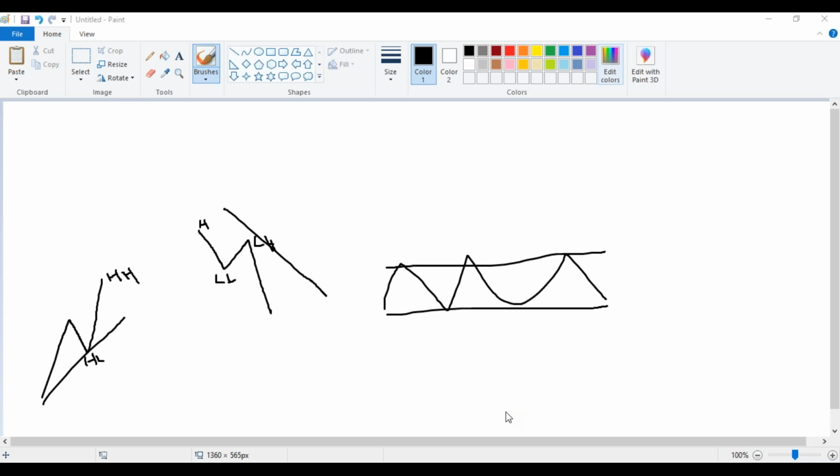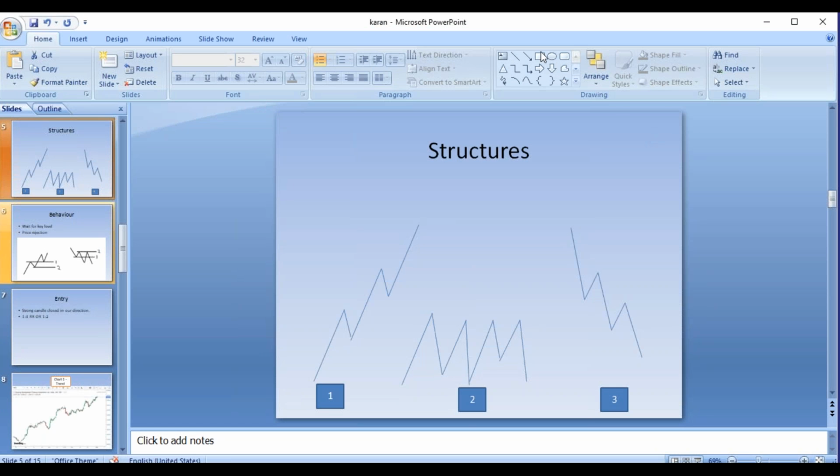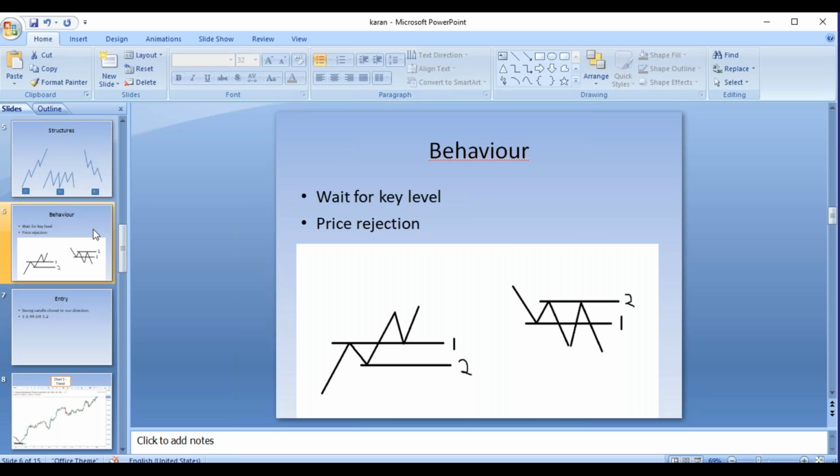Shall I move forward? So the first thing is clear, the structure of the market.